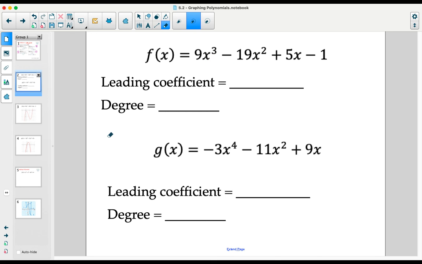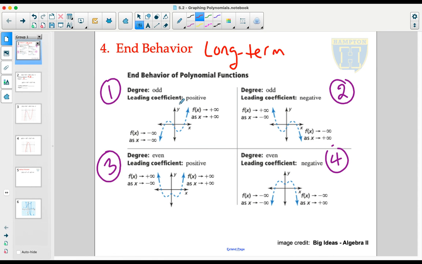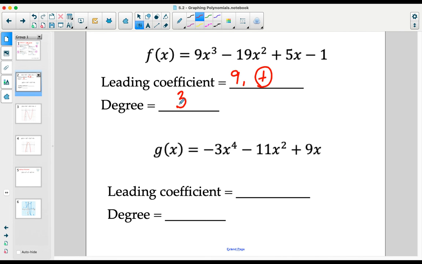So here are two examples that we could use to begin the conversation. Here we have a leading coefficient in f of 9, which of course is a positive number. And this polynomial has a degree of 3. So referring back to our grid, we have a positive leading coefficient and an odd degree.